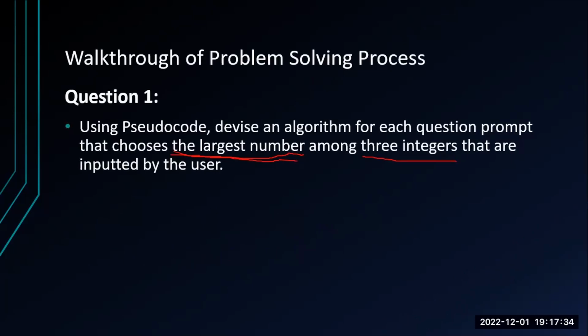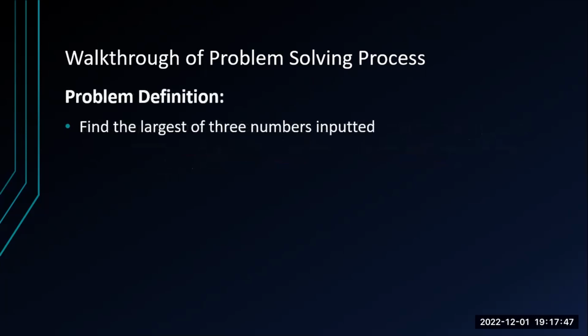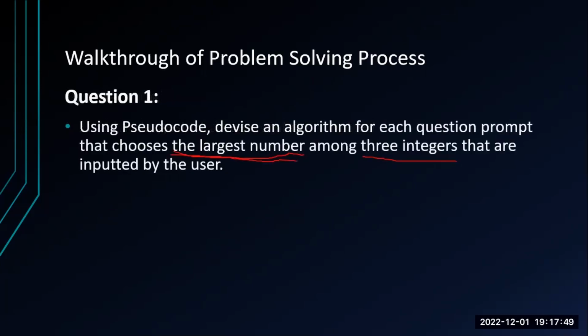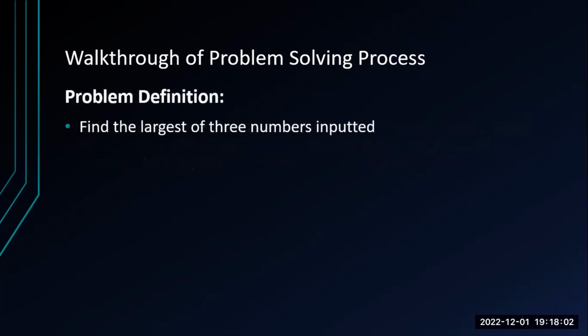So just to go over a question that we have done before, devise an algorithm that chooses the largest number among three integers that are inputted by the user. So the first stage is trying to find out the problem, what you are trying to solve. So in this case, that would be trying to find the largest of the three numbers that are inputted.